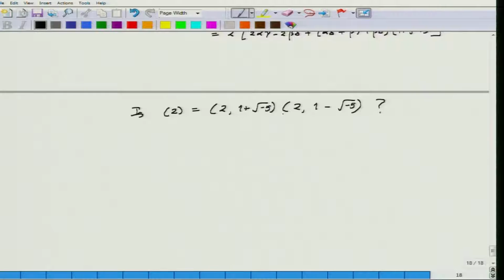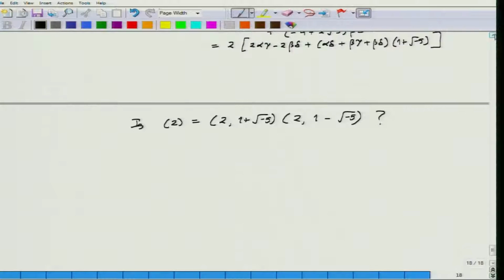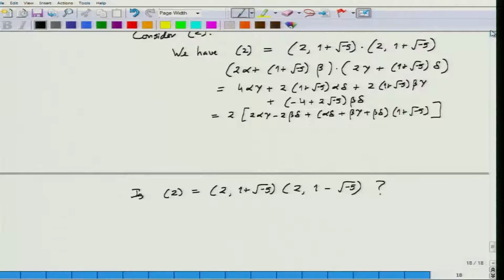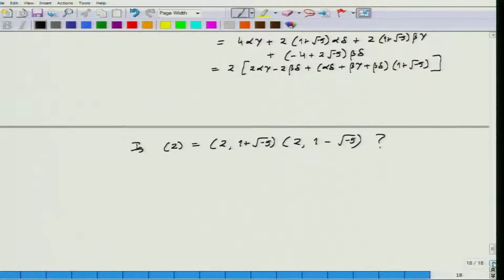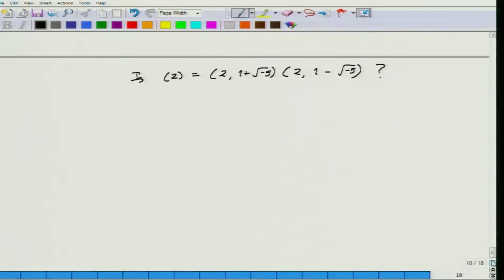Firstly, any element of this, we can go back to yesterday's calculations and make use of it. We have an arbitrary element here. Of course, this is not quite what we would have. So let's do it afresh actually.